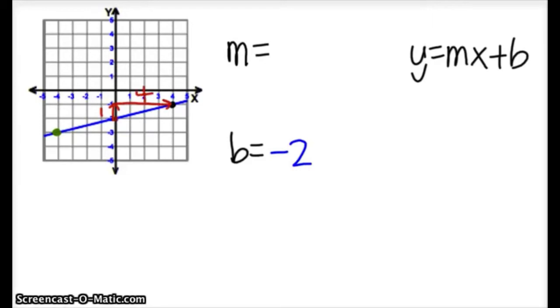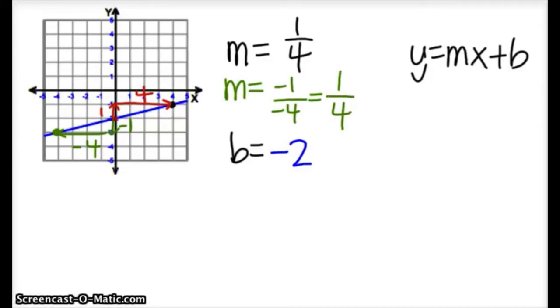So the black dot slope is rise 1, run 4. The green dot's slope, if I go rise negative 1, run negative 4, I have negative 1 over negative 4, and oh my gosh, look, a negative divided by a negative is a positive, so those two things are equivalent.